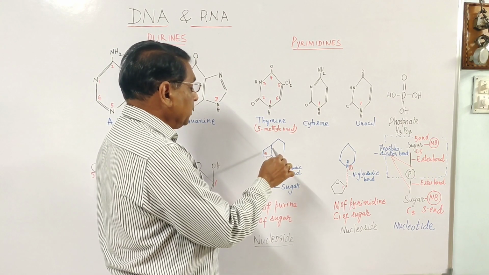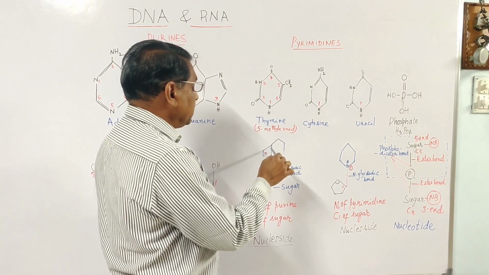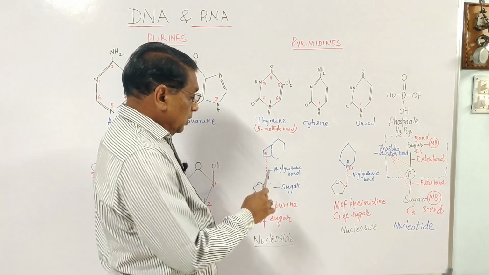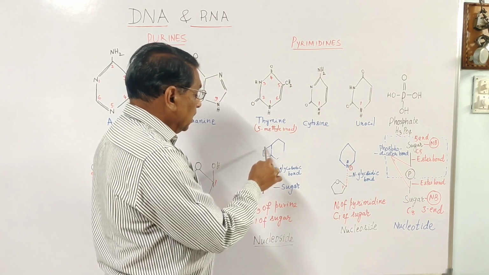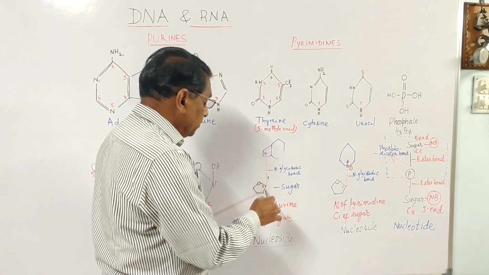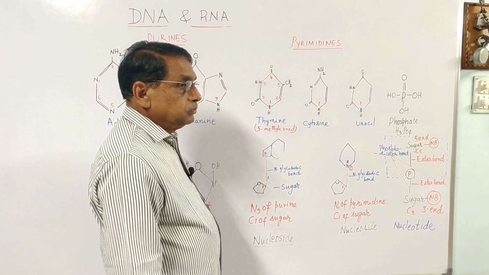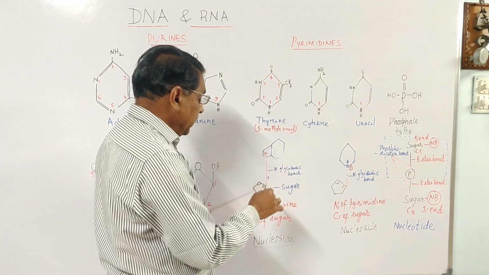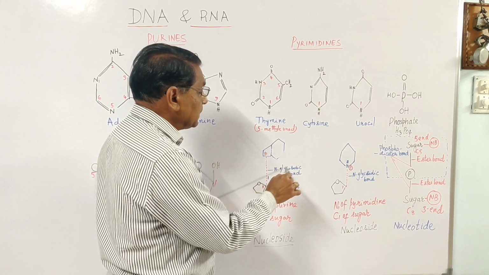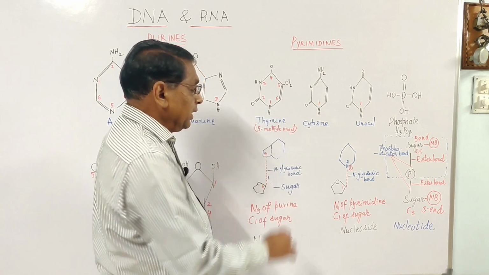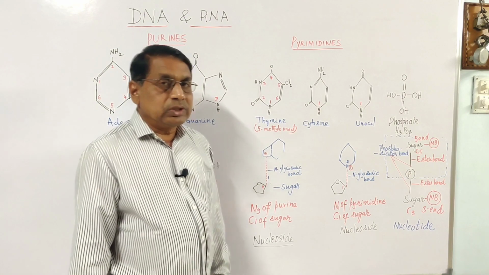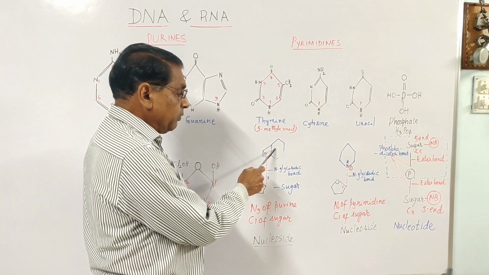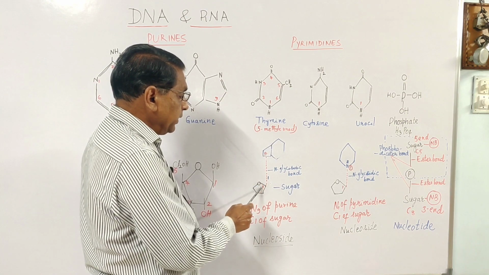Whatever it may be, a linkage will be formed. That linkage between the nitrogen base and sugar is known as the N-glycosidic linkage, or N-glycosidic bond.